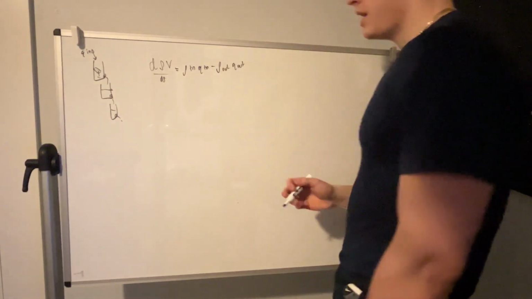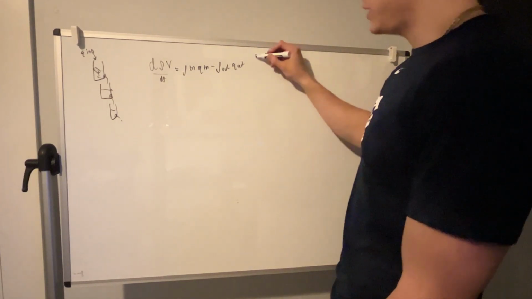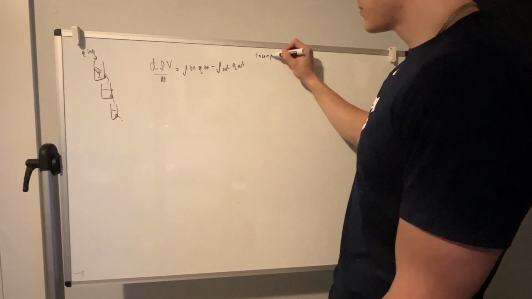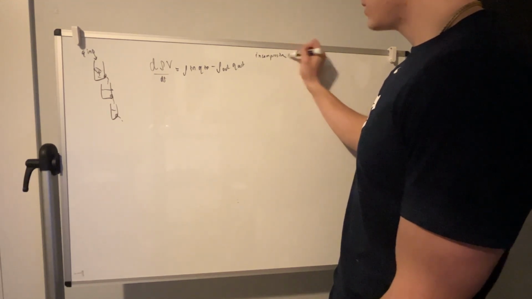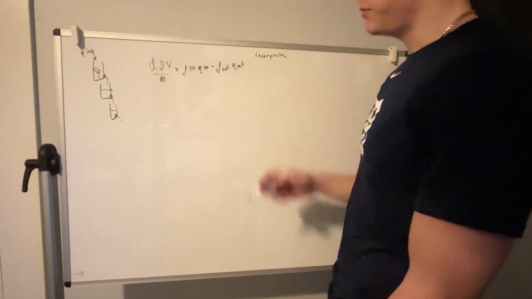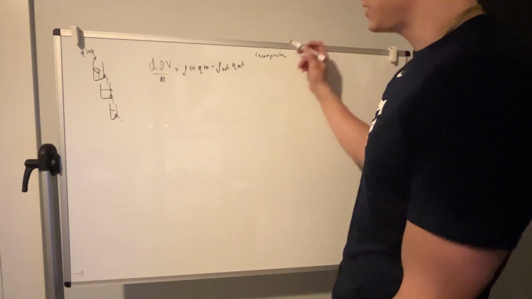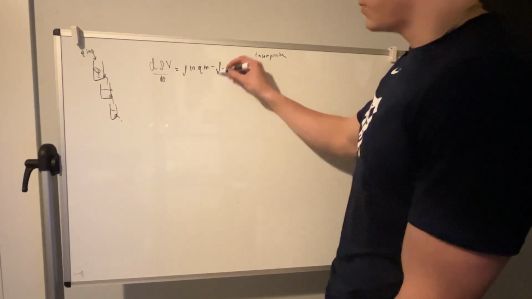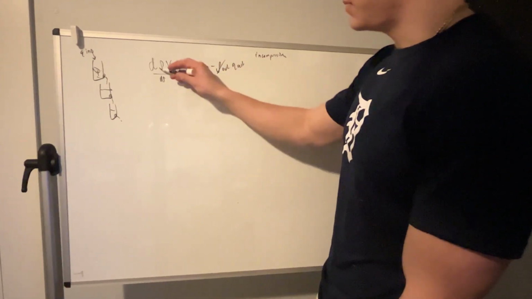And assuming we have an incompressible liquid, our density will be the same at all stages. So we can get rid of our density in all these equations.